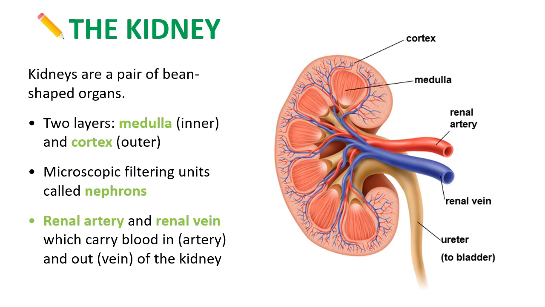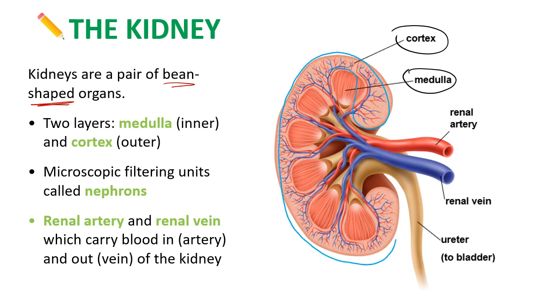Okay, let's look into the kidney in detail because it's the most complex and the most important organ in the system. So they're bean-shaped. They've got two layers. The internal layer is called the medulla, and the outer layer is the cortex, which is the light pink area you can see around the outside that has all these vessels inside it.